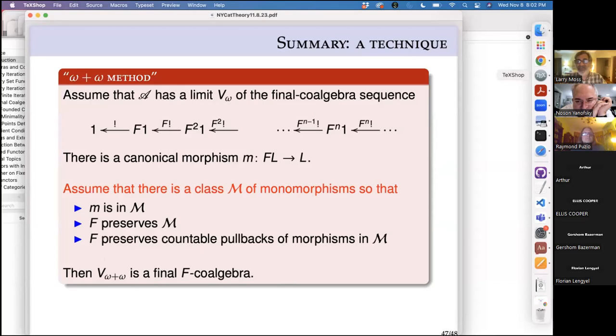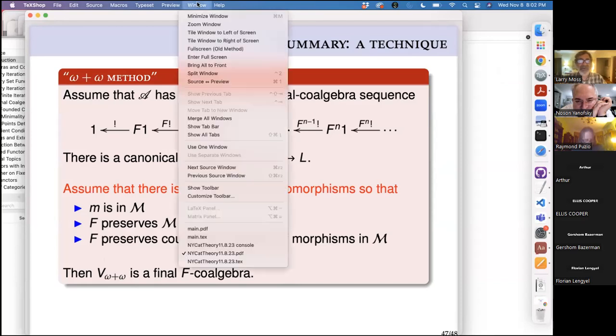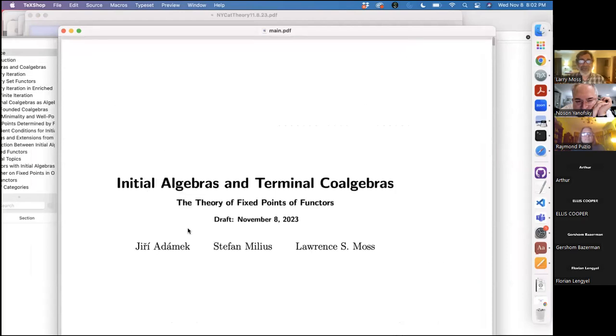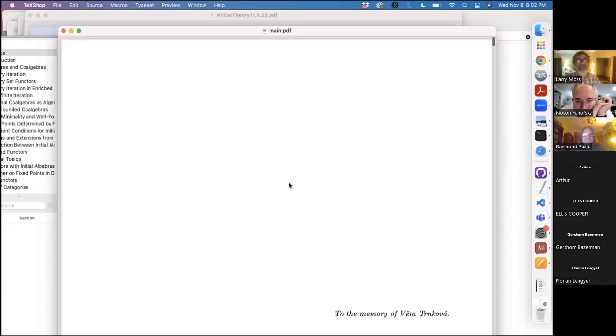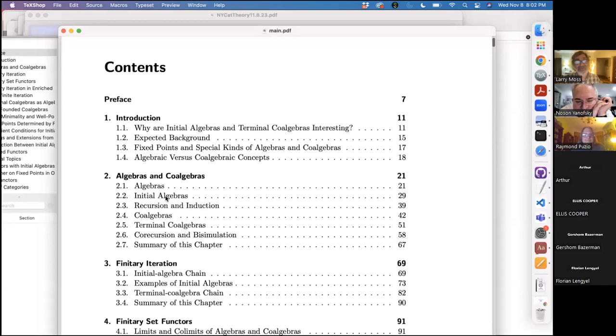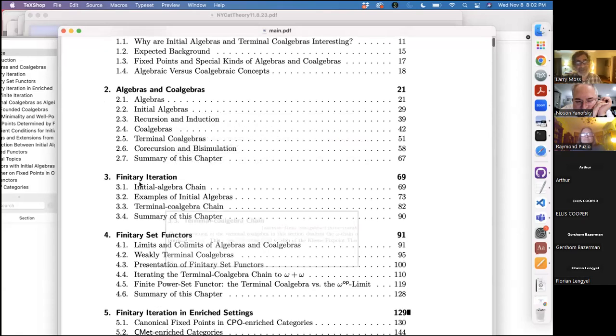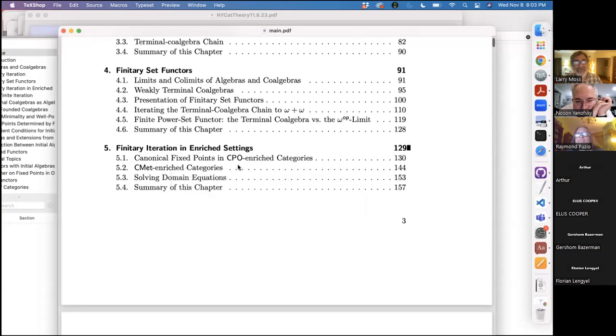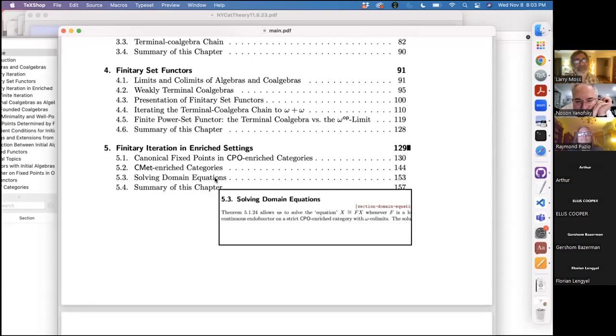And just to make a shameless plug here, if you're interested in all this, there's a book that we're finishing on initial algebras and terminal coalgebras. Terminal means final, and it's got a lot of chapters. So just general study of algebras. And this is about finite iteration, which is kind of what I talked about today. This is about how you do it in enriched categories, like you want to solve domain equations.